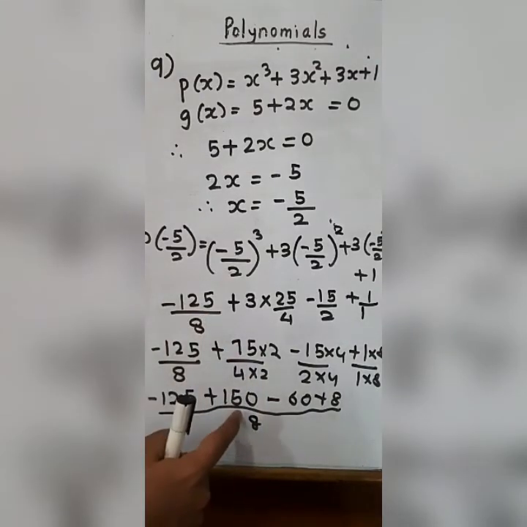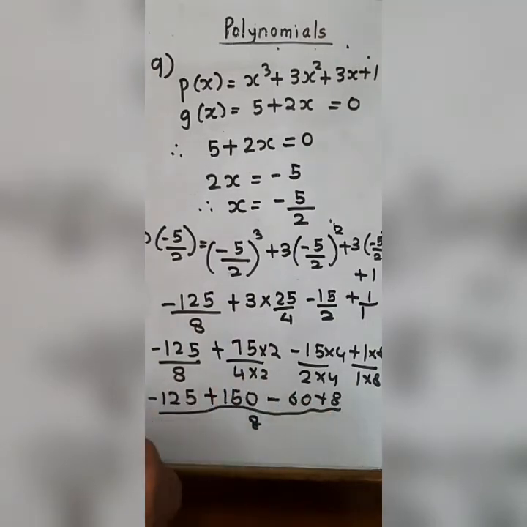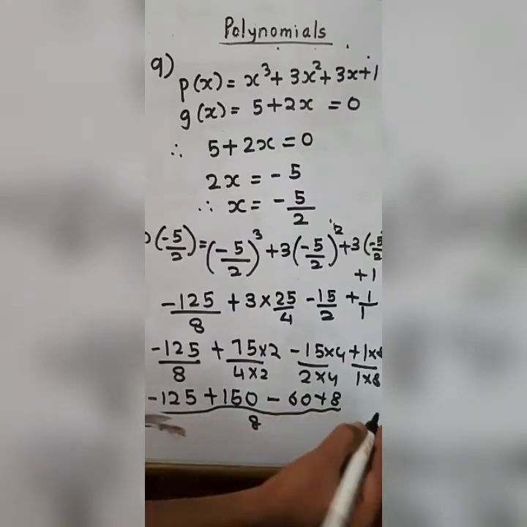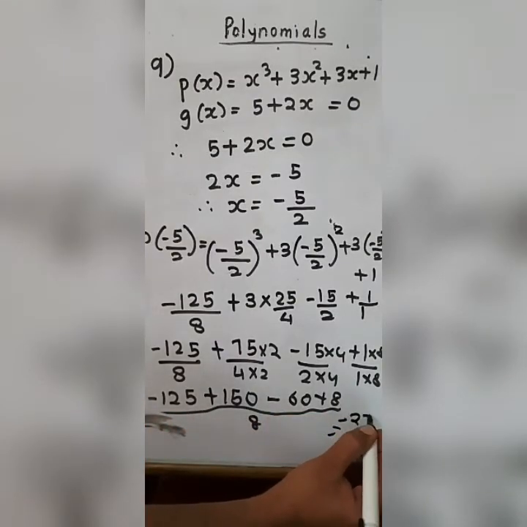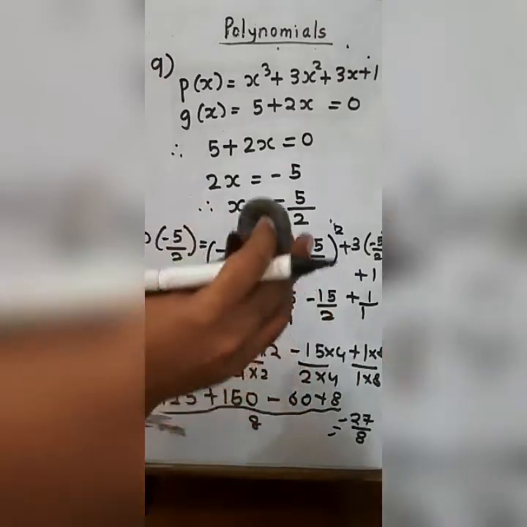So answer will be 150 minus 25, 25 minus 60. It will be minus 35, minus 35 plus 8 will be minus 27 upon 8. So answer will be minus 27 upon 8. This is option C.